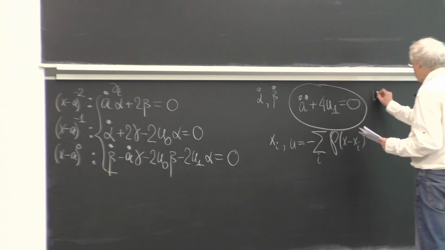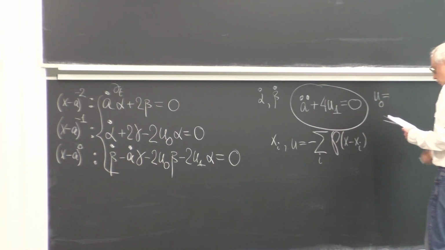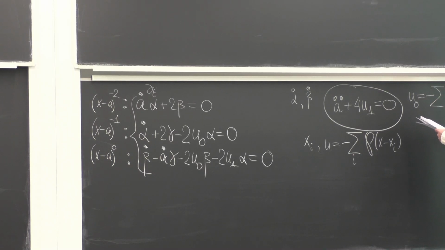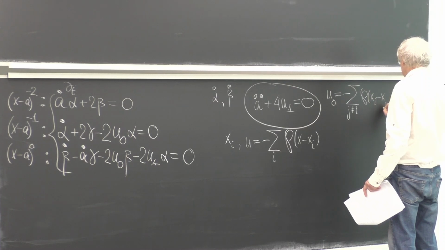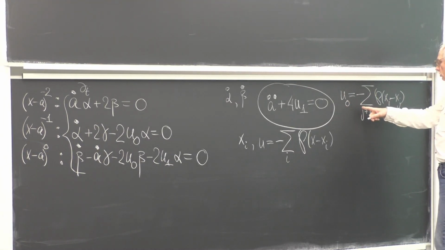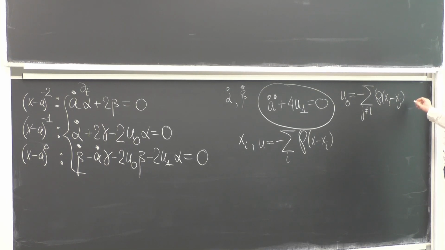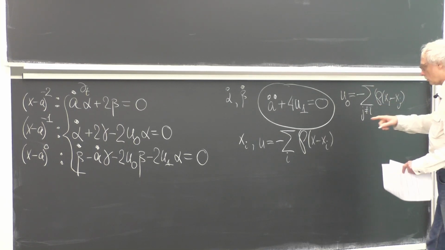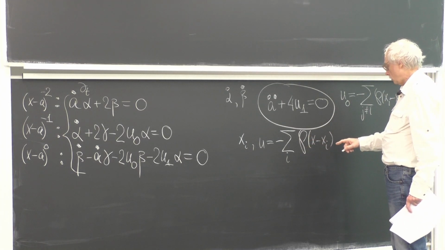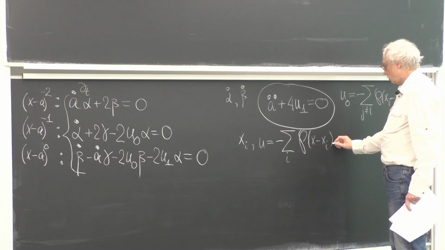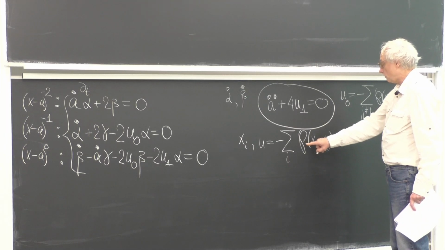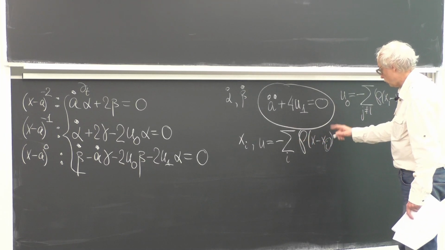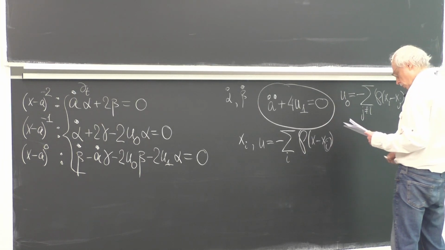And the results are as follows. u0 is minus, this is near x_i. We expand this near some chosen index i and expand this expression in a series around this point.